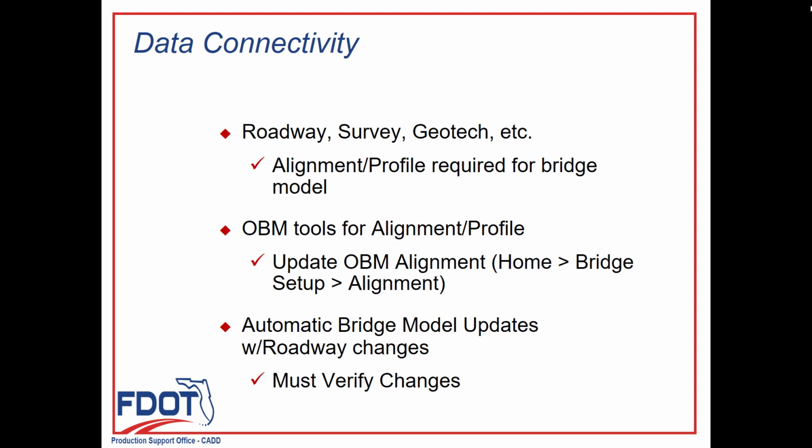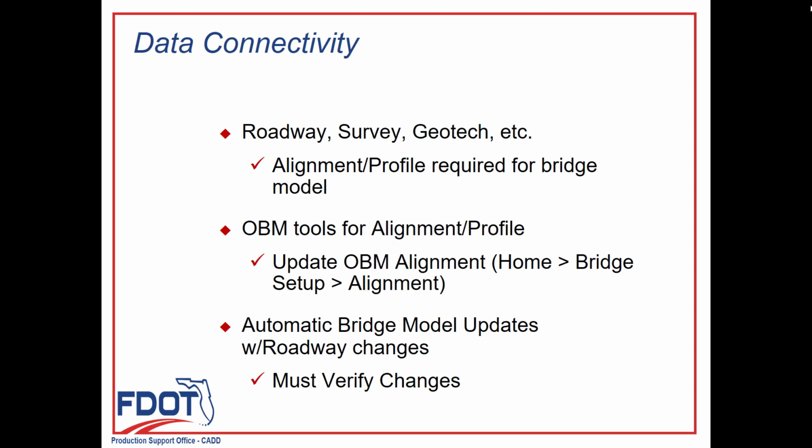There should be an exclamation point to alert you that there has been a change in your reference information. Once you accept that change, it'll go ahead and update the bridge model automatically, but it doesn't always do it perfectly. So you'll have to make sure that you verify that any changes were incorporated properly and that the updates didn't trickle down to the bridge incorrectly.